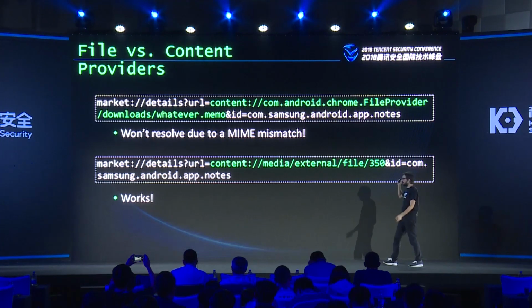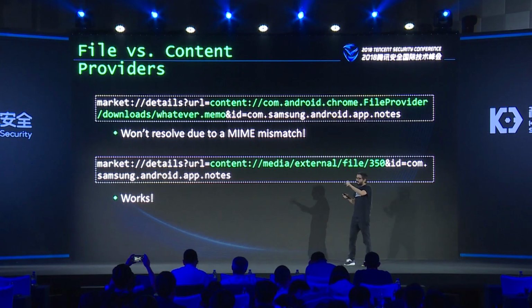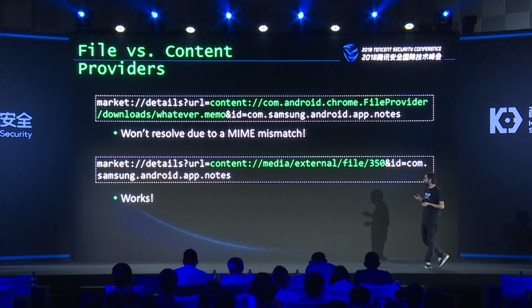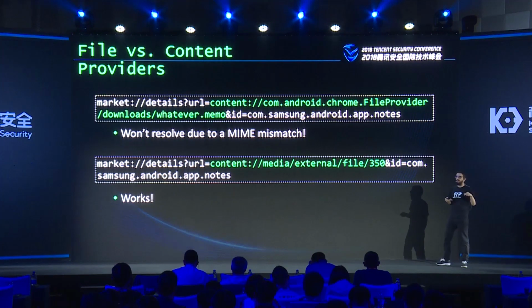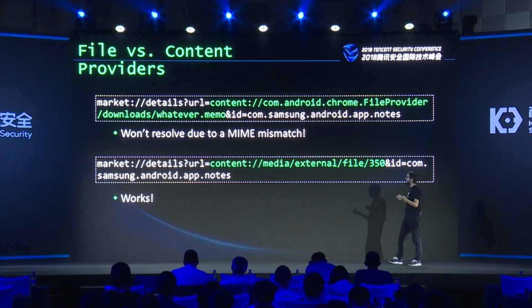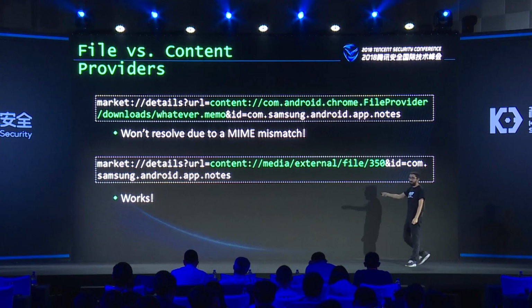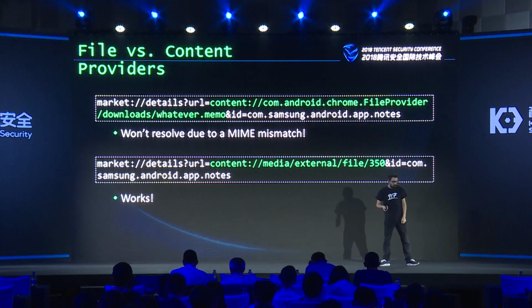The way they do it is by taking that information out of an HTTP response. So if we download a file, and in the HTTP response we specify the MIME type to be, let's say, application/memo, this will be tainted and inserted into this content provider.